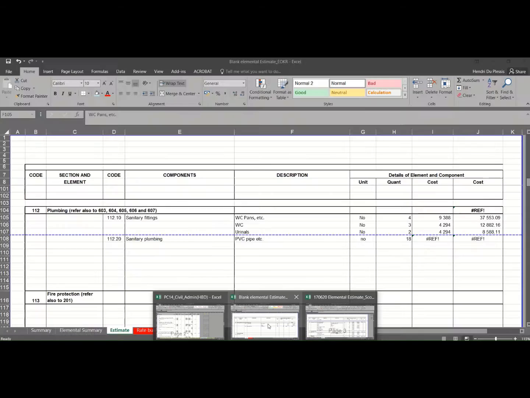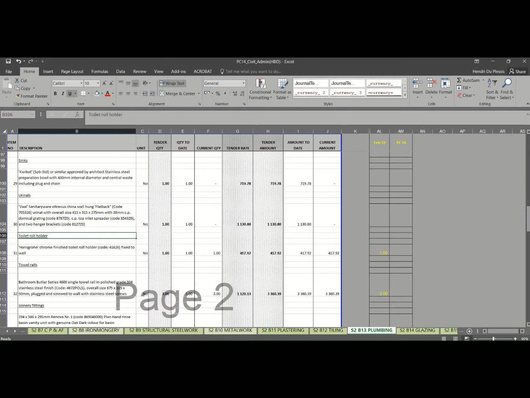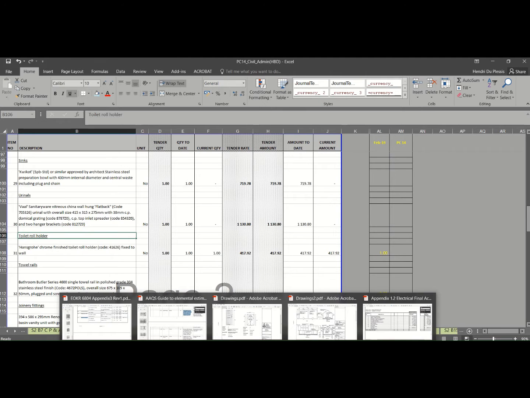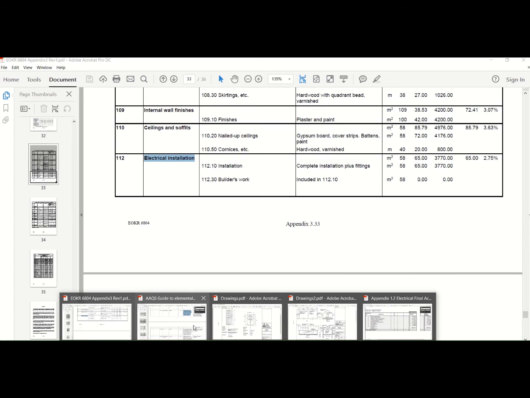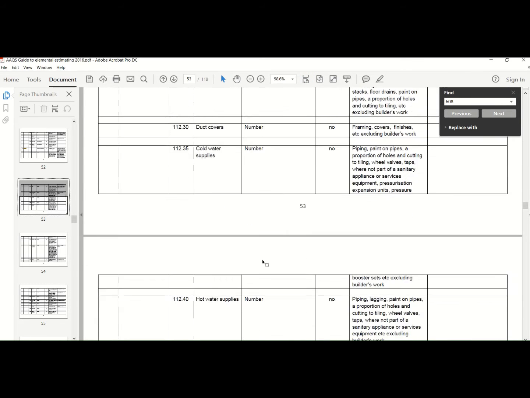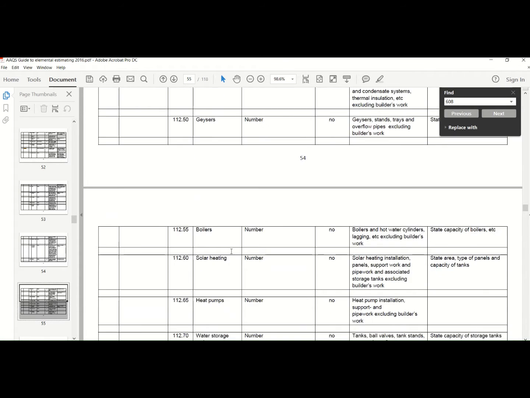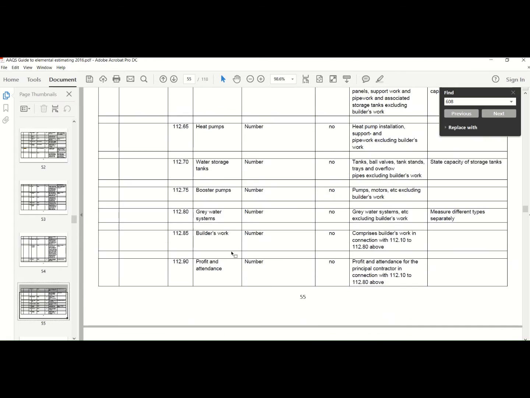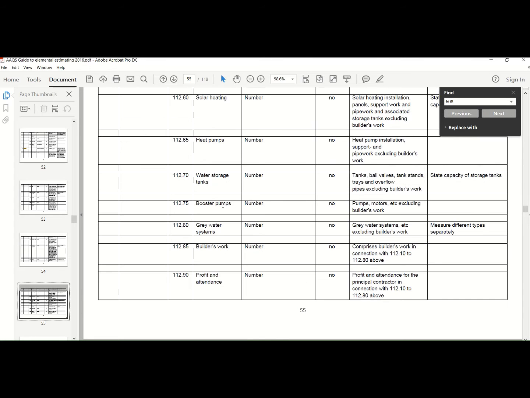So let's quickly have a look at our BOQ. So our toilet roll holders will be a little bit later on. Oh, sorry, I'm switching into the wrong one. So steam engines, geysers, boilers, grey water fittings, auxiliaries.